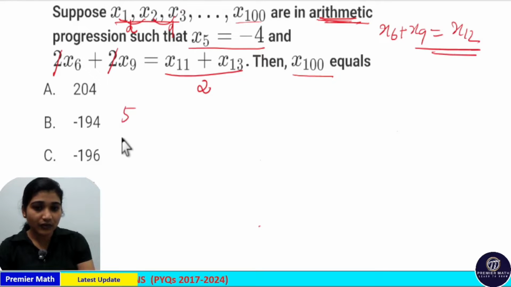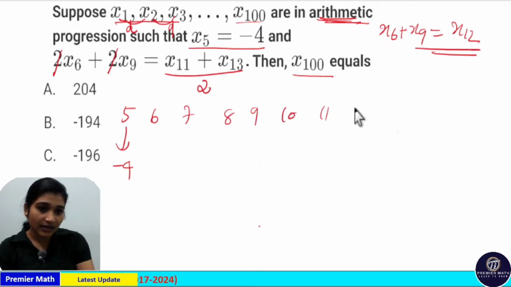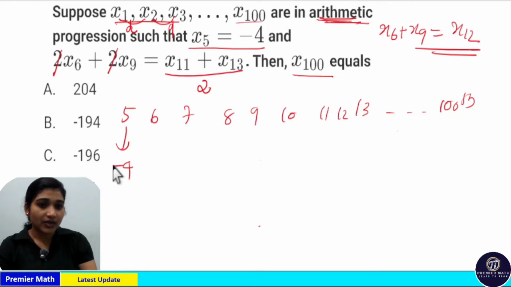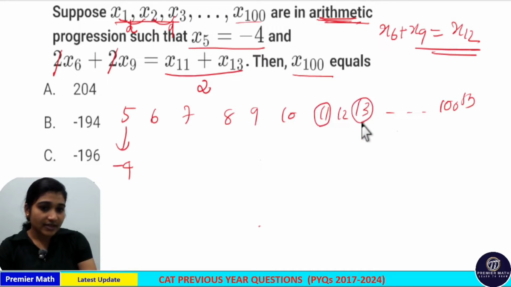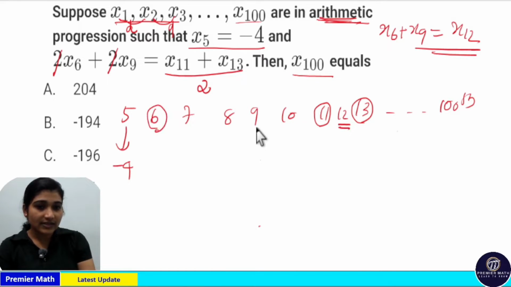Consider this is the fifth term. Fifth term is minus 4. Then we have 6, 7, 8, 9, 10, 11, 12 and 13 up to 100th term. Here x11 plus x13 divided by 2 means this is the 12th term. That is, 12th term is equal to sum of 6th term plus 9th term.